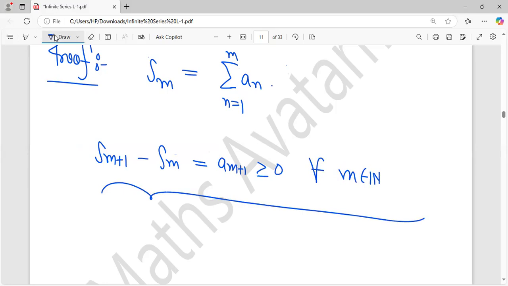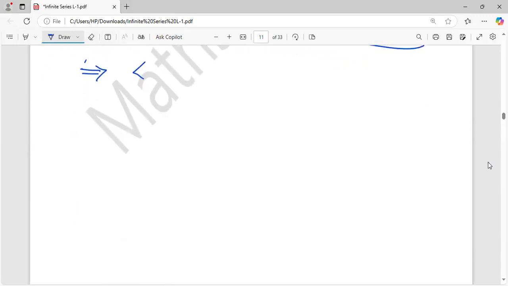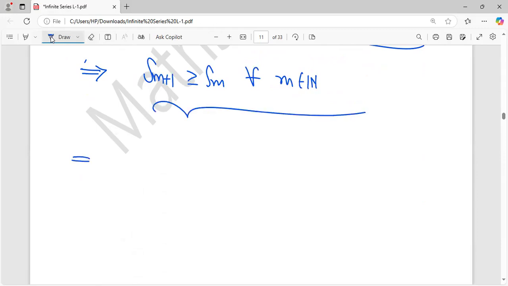So this implies this sequence Sm+1 is greater than or equal to Sm for all m belongs to N. So what is the meaning of this? This implies this sequence Sm is monotonically increasing.